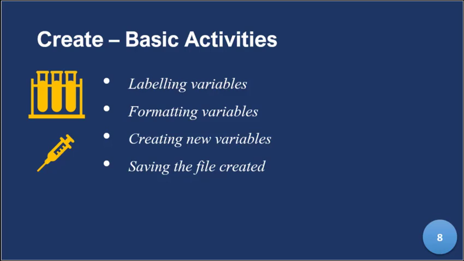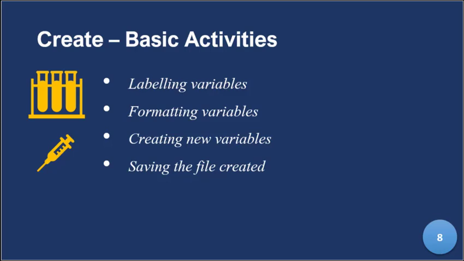So these are the things that we're going to do basically in this module. We label, we format, and then we create new variables and we save. Now it just looks so simple, but the labeling activities are tied to the variables and what we call the value sets. We're going to do that shortly. So all these are the things we will need.